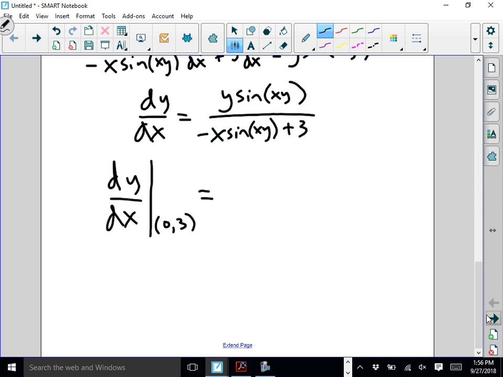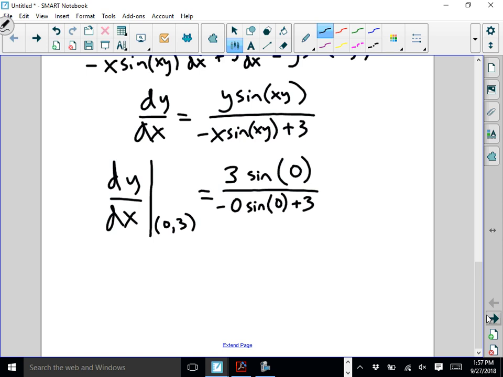So I'm going to get 3 sine of 0 times 3, which I'm just going to put in as 0, over negative 0 times sine of 0 times 3, which is 0, plus 3.